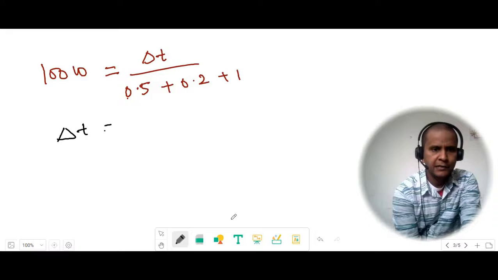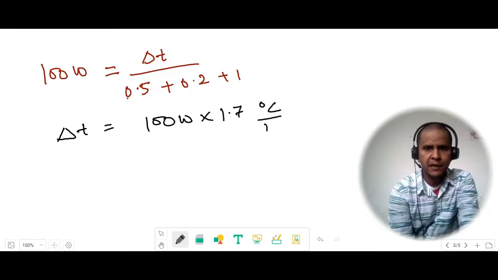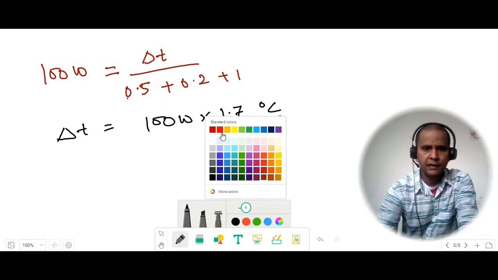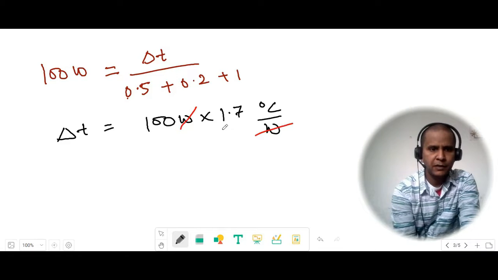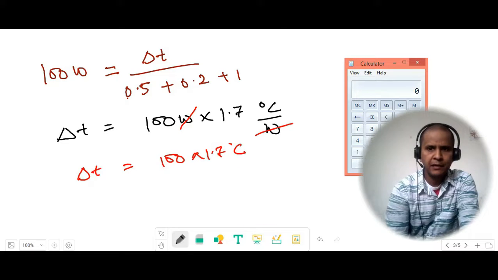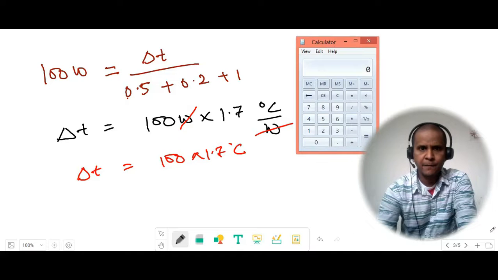Delta T is nothing but 100 watt multiplied by 0.5 plus 0.2 plus 1, which is 1.7 degree centigrade per watt, or Kelvin per watt. I want to cancel out watt, and now delta T equals 100 into 1.7 degree, and if I multiply 100 into 1.7, it is going to be how much?